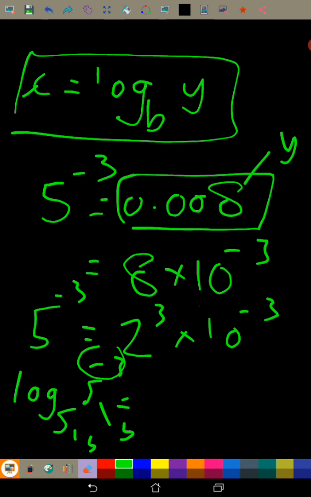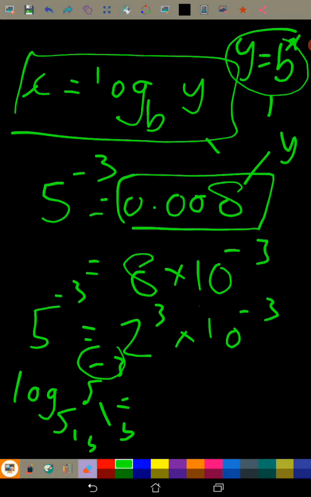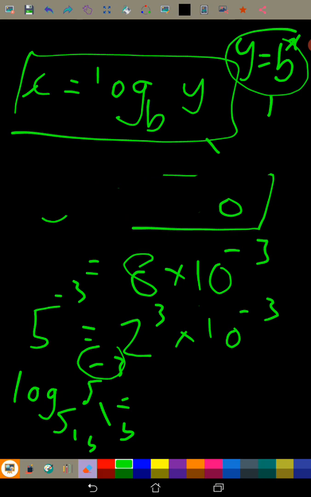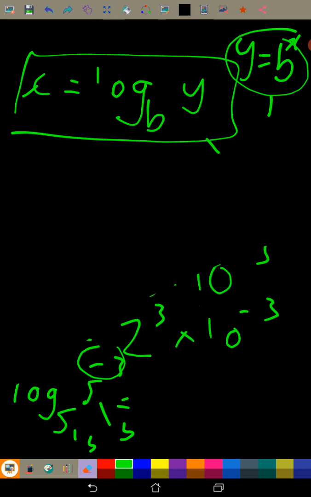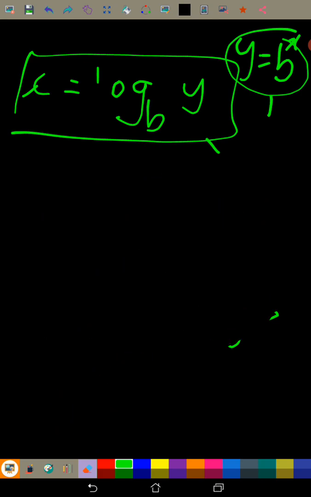Always remember that x is this, but y is equal to base to the power of x. I'm not good at these things, but I'm learning that in the power form it's like this, and in the logarithmic form it's like this. From this conclusion we should be able to work our way out of this.